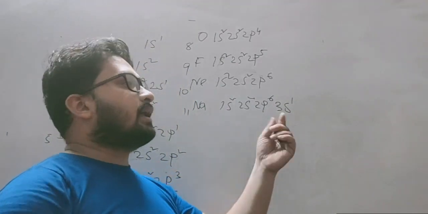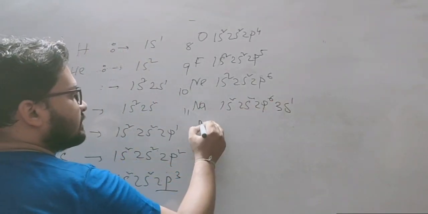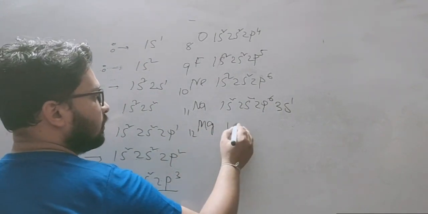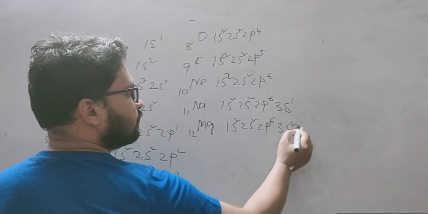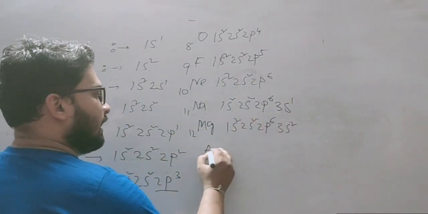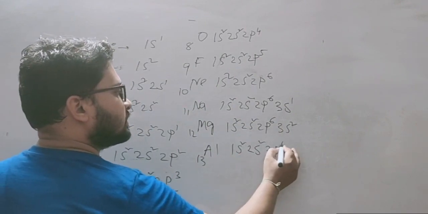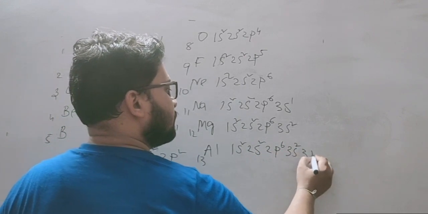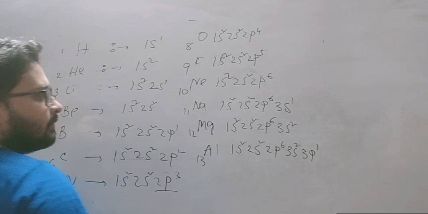Then you have to write the next electron in 3s, so 3s1. For magnesium, 12: 1s2, 2s2, 2p6, 3s2. 3s2 is complete. Then 3p. For aluminium, 13: 1s2, 2s2, 2p6, 3s2, 3p1.